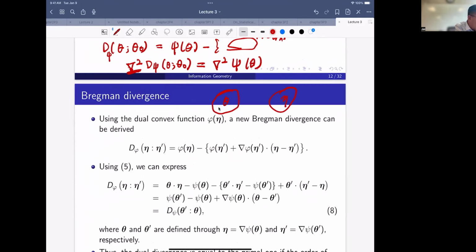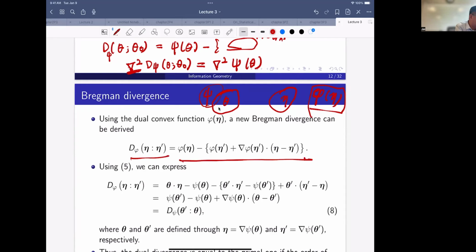In zeta we have a psi, and in eta we have a phi, a potential function, a generator function. Then we can use that to construct the Bregman divergence, which is this one.